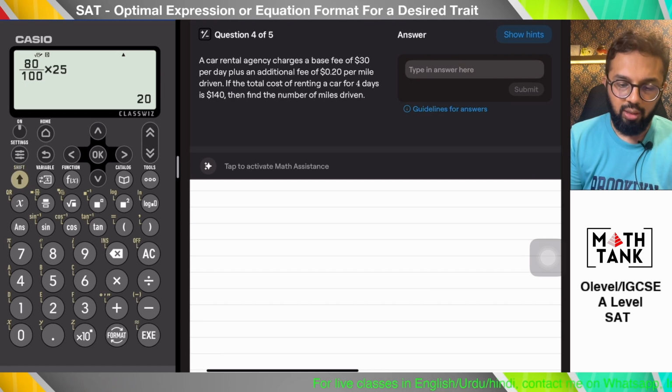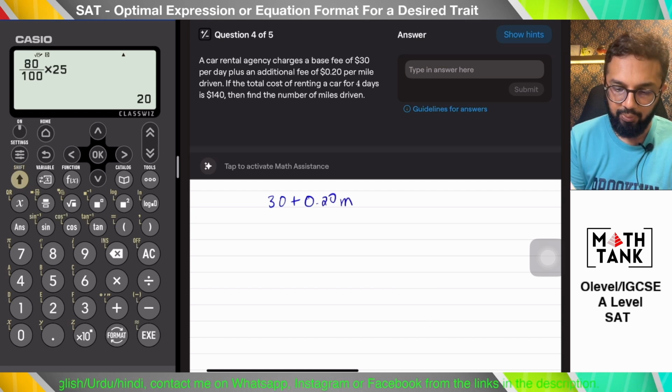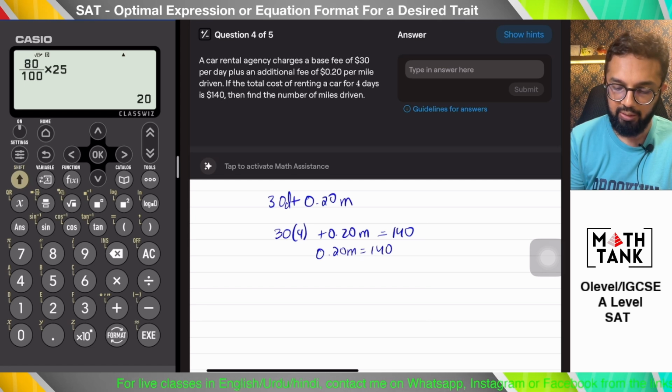Question number four. A car rental agency charges a base fee of $30 per day plus an additional fee of 0.20 per mile driven. If the total cost of renting the car for 4 days is $140, then 0.20 M equals 140 minus 120.